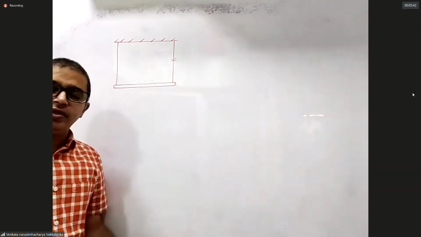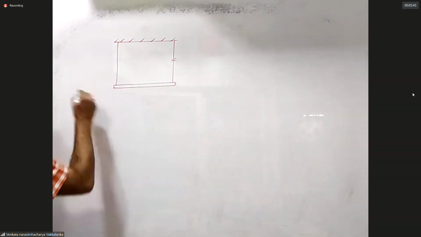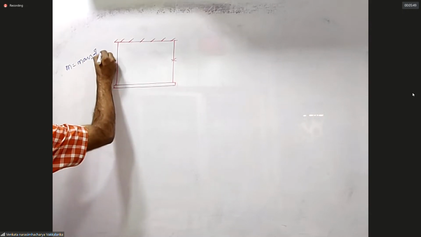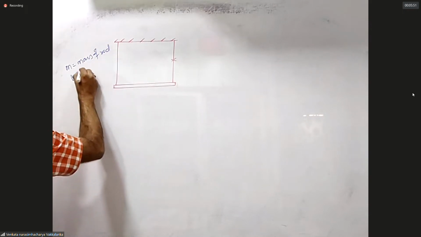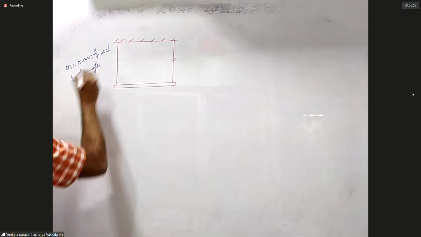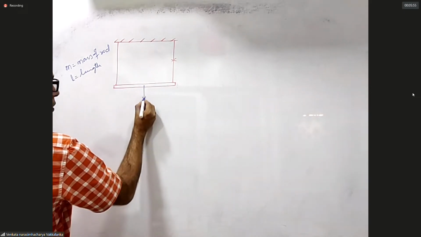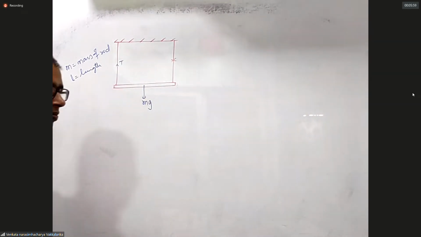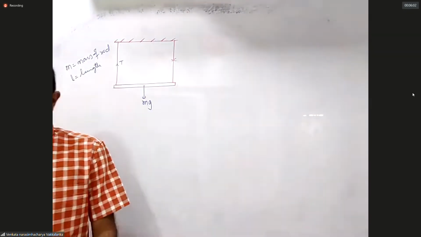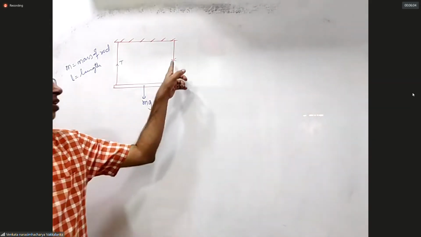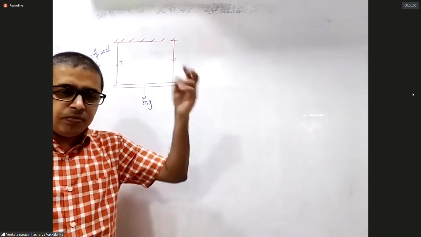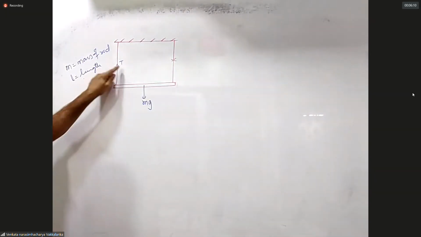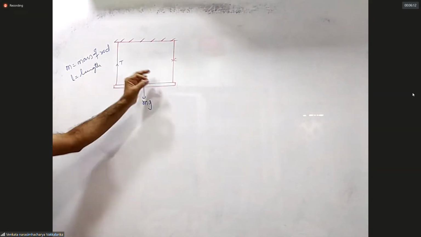You burnt the string. M is the mass of the rod, L is the length of the rod. This is Mg, this is T. You cut this string, you didn't give any impulse. The question asked is: find the tension in the string at that instant.